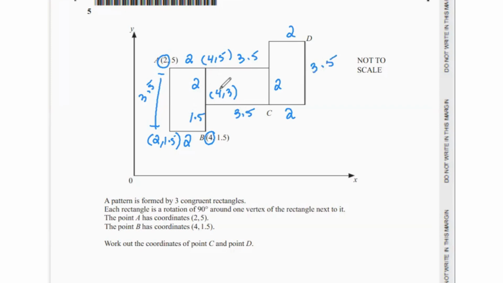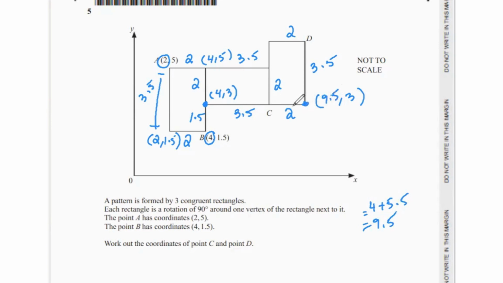Now, since we figured out that this is 4, 3, this point will have the y coordinate of 3. And for the x coordinate, from x equals 4, we're moving 5.5 units to the right-hand side. So 4 plus 5.5 is going to be 9.5. So this point over here is 9.5.